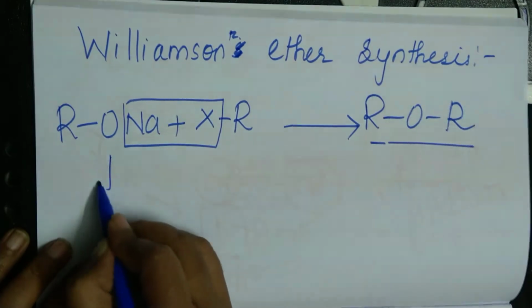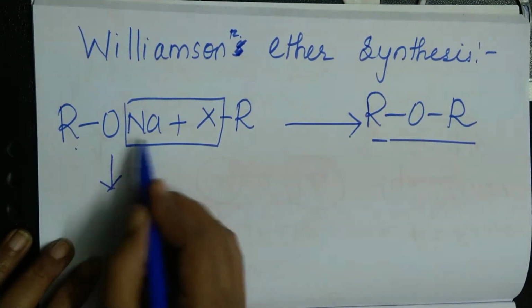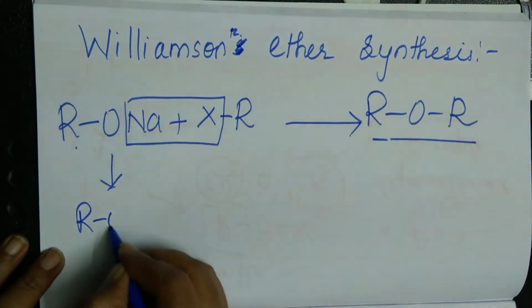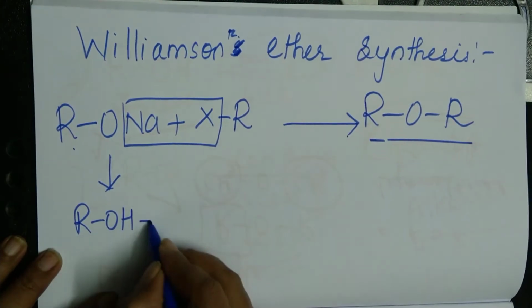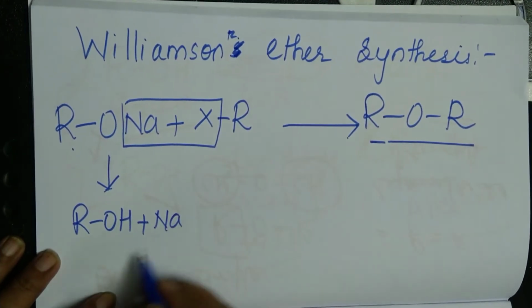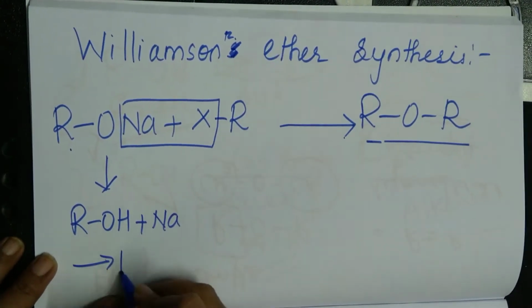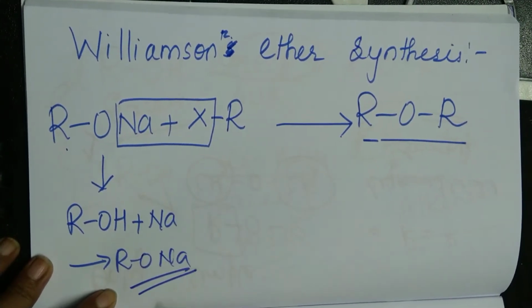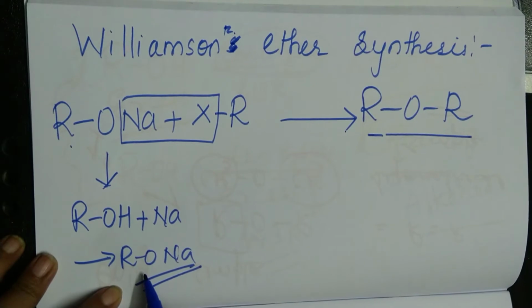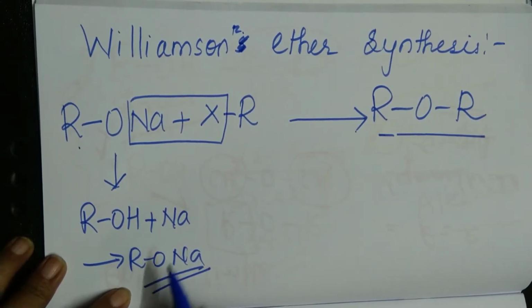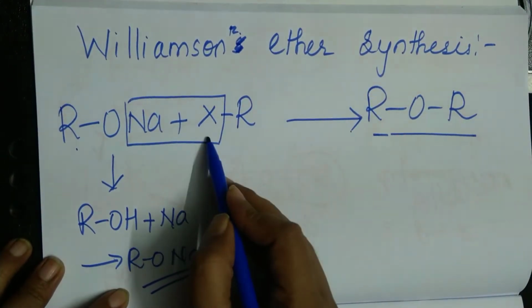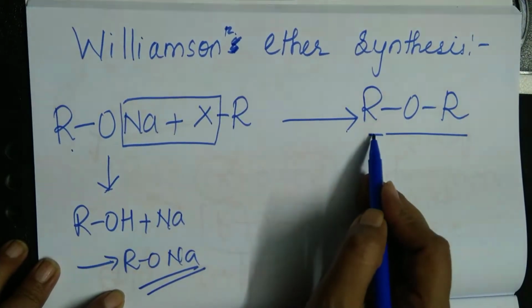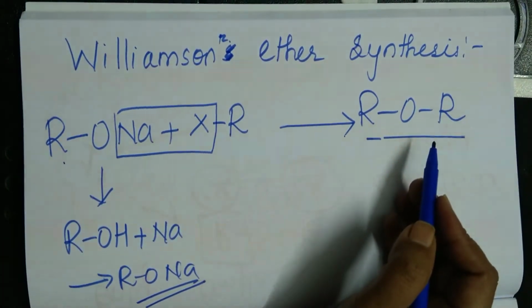So how do I arrive at sodium alkoxide? You have already studied. Alcohols react with sodium with the liberation of hydrogen gas with a hissing sound. So you end up with RONa. So sodium alkoxide is obtained, which on reaction with alkyl halides or haloalkanes give you ethers.